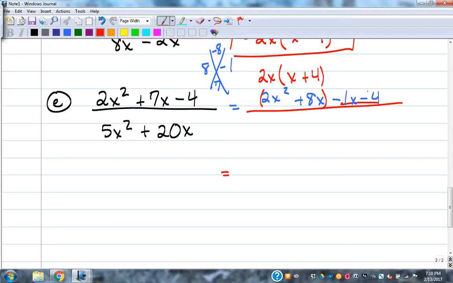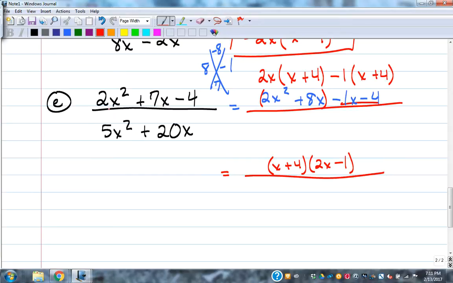What do I pull out of the second group? -1, and that changes that to x plus 4. So my factored form on the top would be what? Yeah, just 2x minus 1. Good.